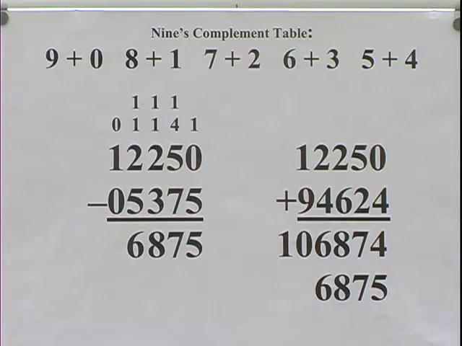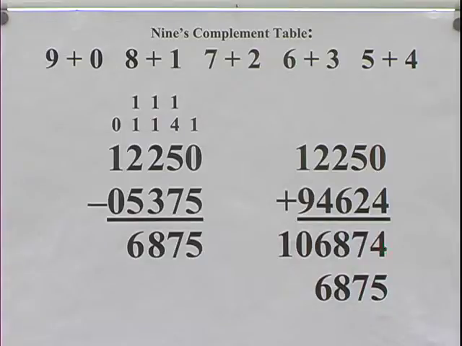In subtraction by addition, I am adding 94,624 to the minuend. I am going to get a carry. It will always be a 1, 1 decimal place greater than the minuend. Notice that these 4 digits are almost equal to the difference.